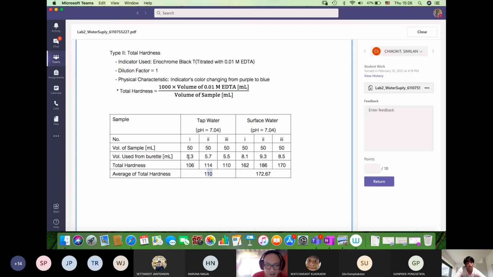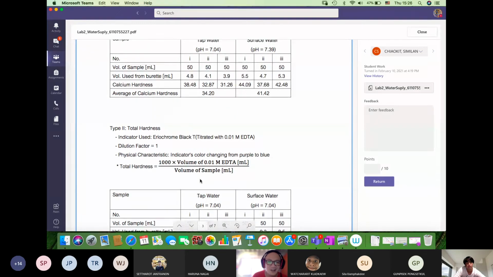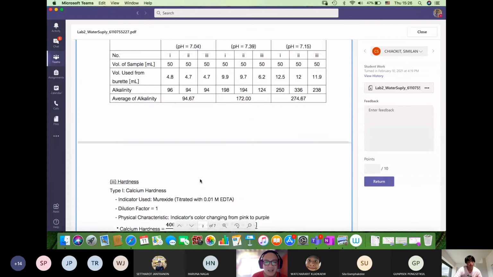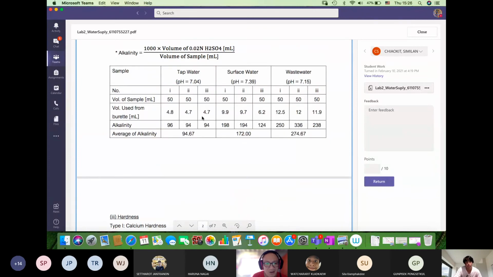So this is the first trial. Okay, this is okay. So finally you come up with the number before getting the average value. This is okay. But yesterday I have seen some of the students, they take the average of the volumes used from the burette.